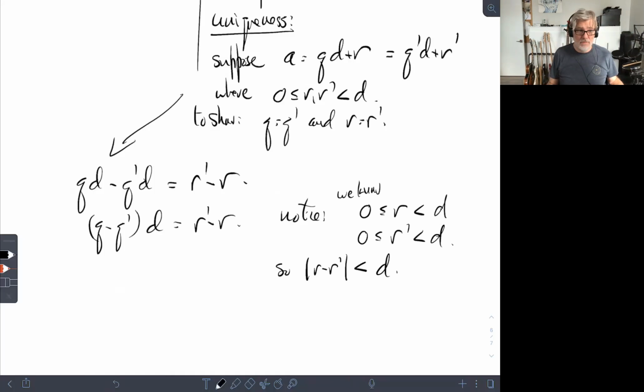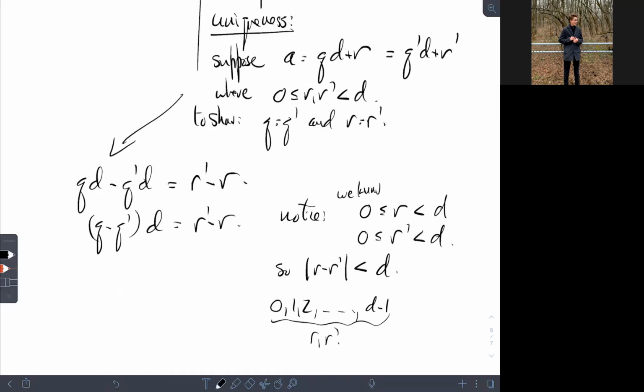It's not possible. Do you believe this? So 0, 1, 2, right up to D minus 1. R and R prime are here. By absolute value, just take the bigger of the two minus the smaller of the two. Can this be greater or equal to D? No, obviously not. Hopefully you believe this. Yes?